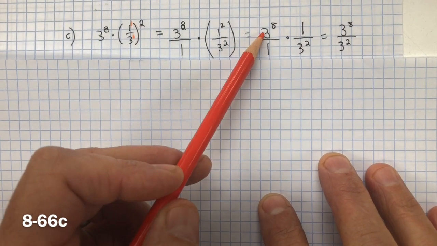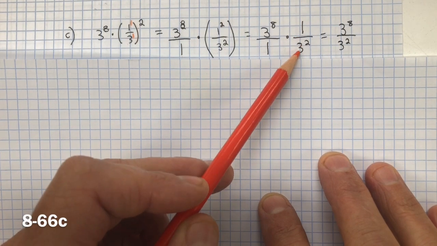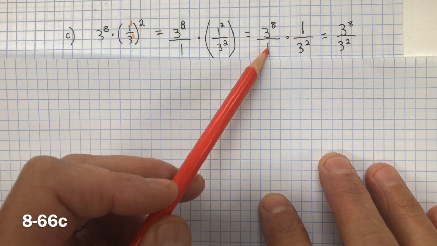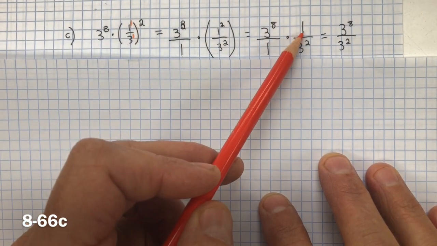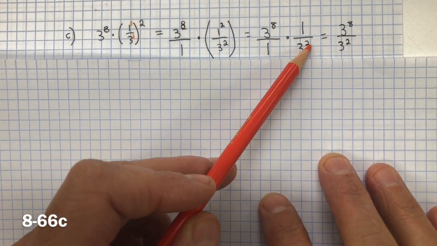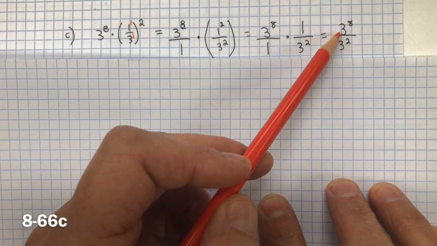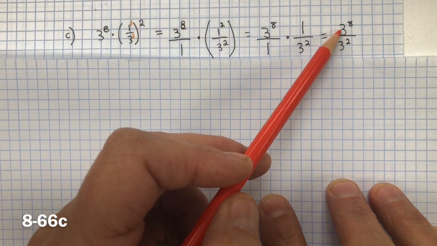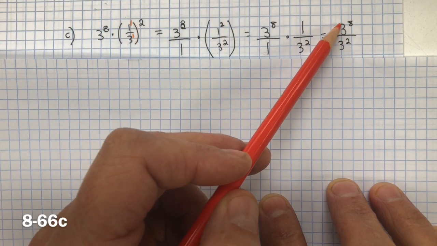Now I have 3 to the 8th over 1 multiplied by 1 over 3 to the second. And this is why I wrote this as a ratio over 1, because 3 to the 8th multiplied by 1 equals 3 to the 8th, and 1 multiplied by 3 to the second is 3 to the second. And now you can see that we have like bases, 3 and 3, and we're dividing these integer exponents.